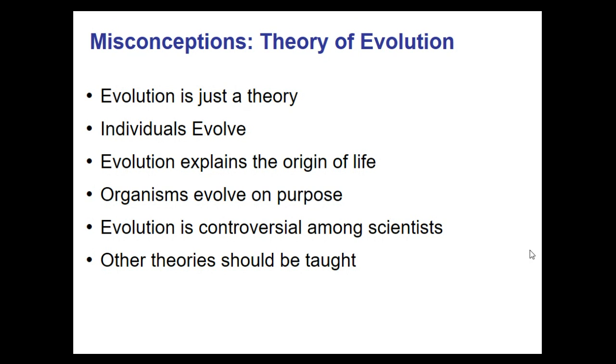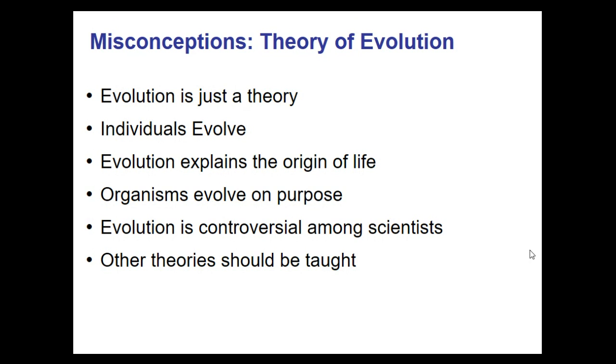It's entire populations or species that change, that evolve over usually many generations. Evolution explains the origin of life. It doesn't. It doesn't tell us anything about where the first organisms came from. It only tells us how life has changed since then.